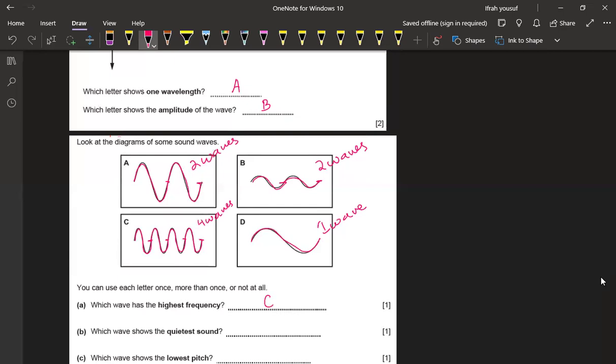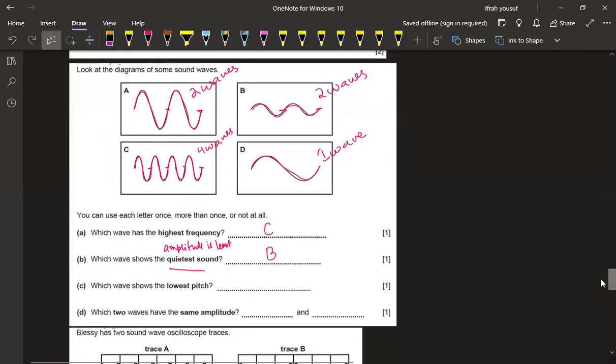Quietest sound means the amplitude is low. Quietest sound means amplitude is less. सबसे कम वाला amplitude किसका है? B. Good. Part C, which wave shows the lowest pitch?